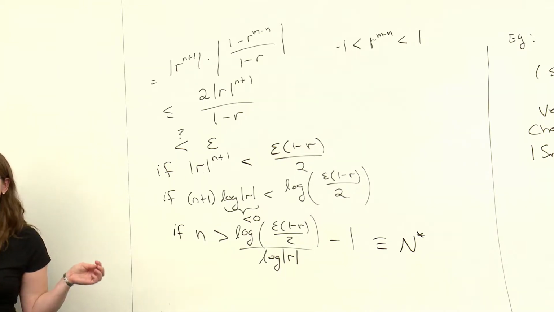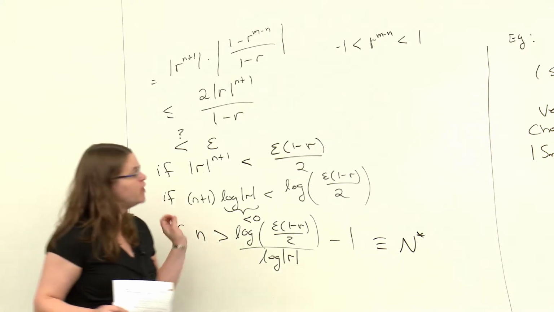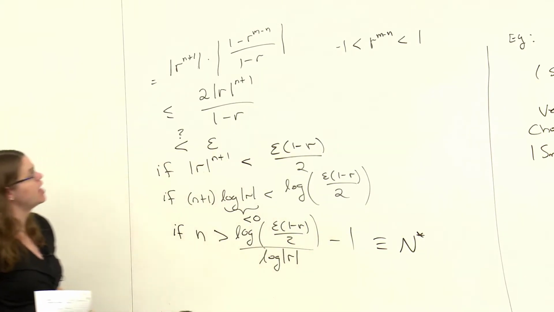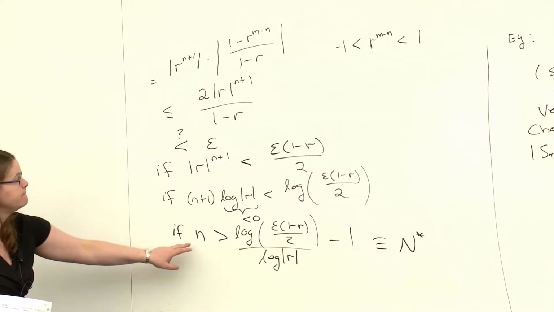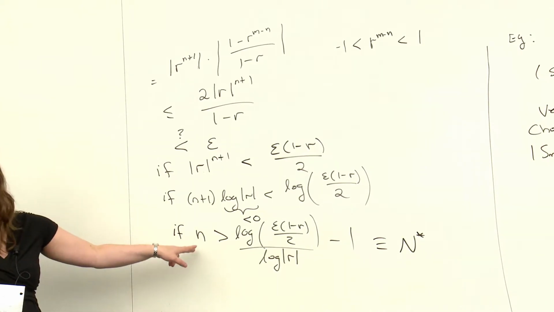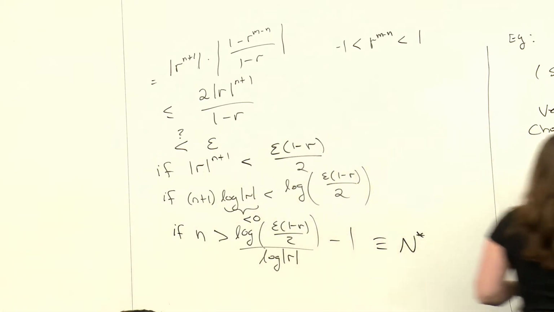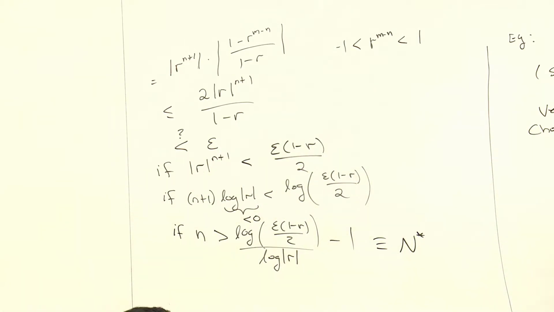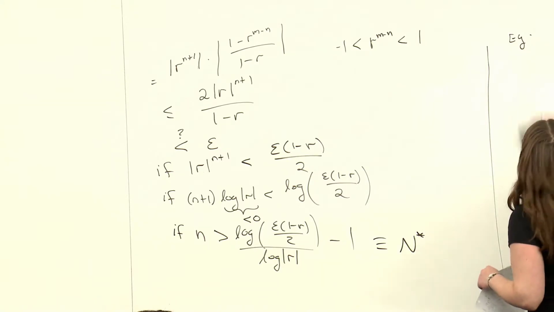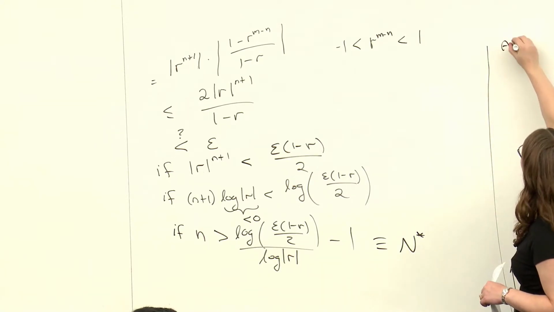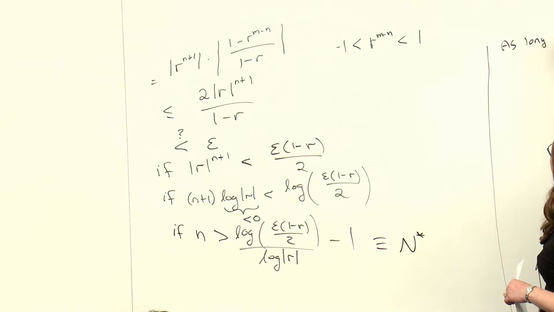Okay, and that was all we needed, right? We needed to be able to find an n star such that as long as m and n are bigger than this, so n is bigger than this, m we said is bigger than n. So as long as m is bigger than n and n is bigger than n star, we indeed have that Sn minus Sm is less than epsilon.